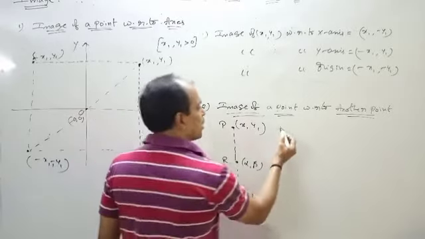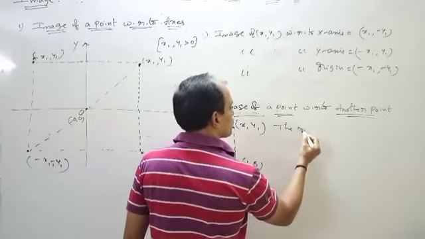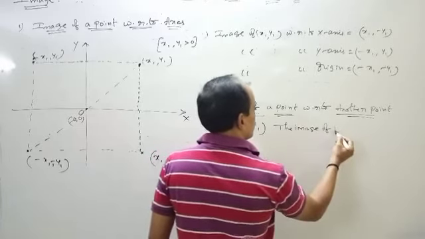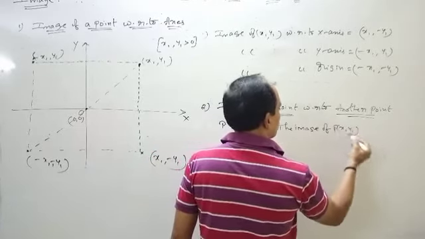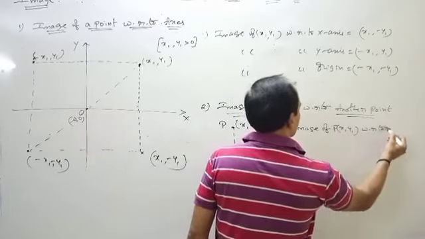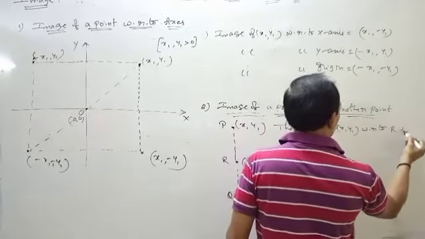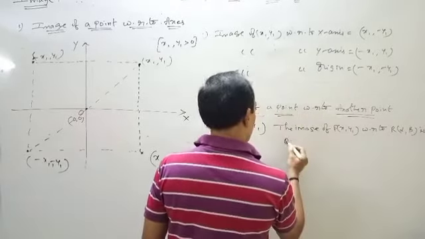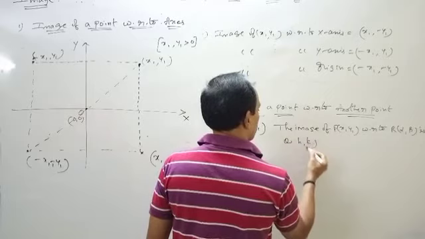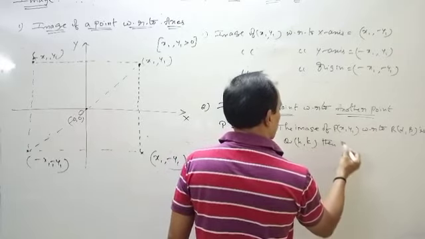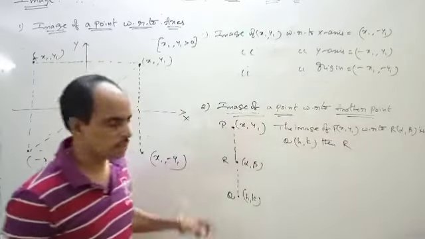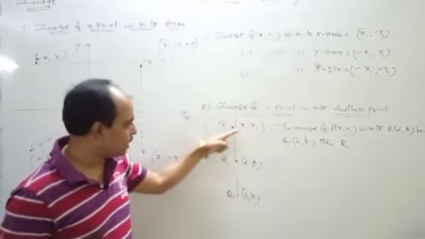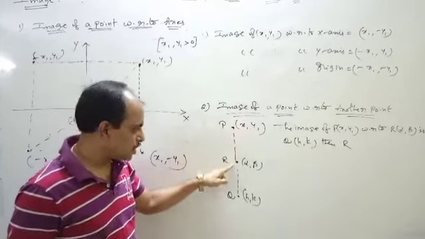So the image of p x1 y1 with respect to r alpha comma beta is q h comma k. Then r is equal to, observe this one: we are going to find the image of this point with respect to this point. This one is the mirror.